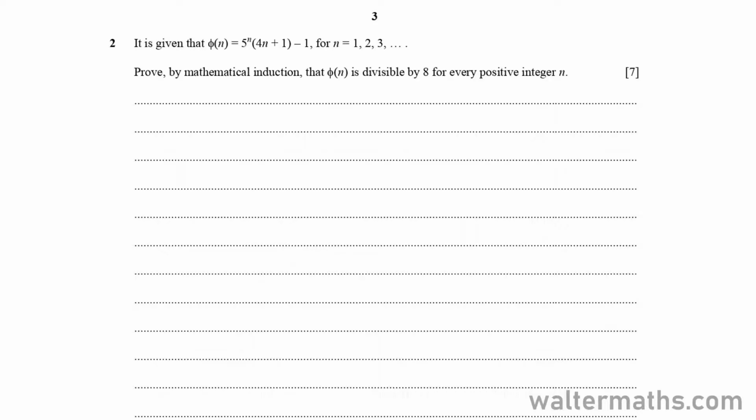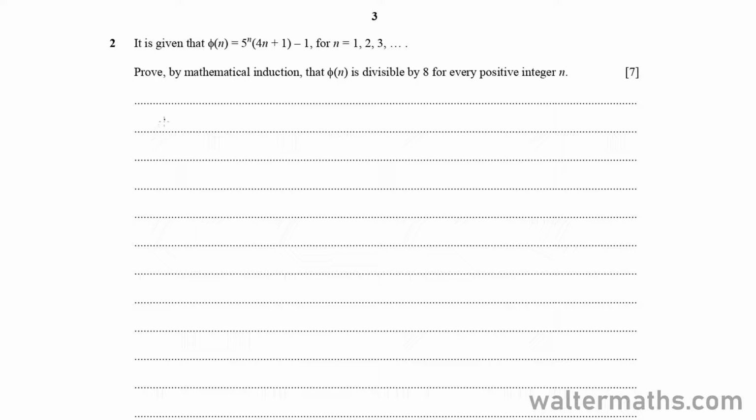Question number 2. It is given that phi of n is equal to 5 to the power of n of 4n plus 1 minus 1, for n is equal to 1, 2, 3, and so on. Prove by mathematical induction that phi of n is divisible by 8 for every positive integer n.